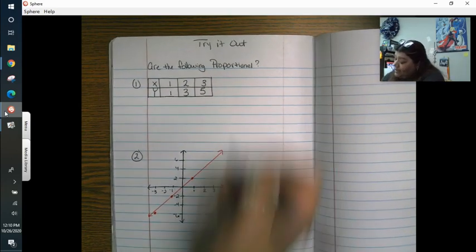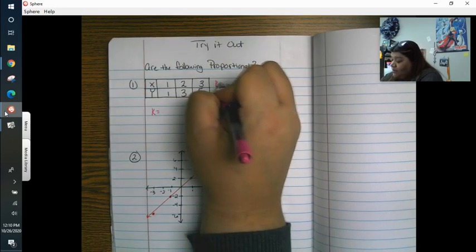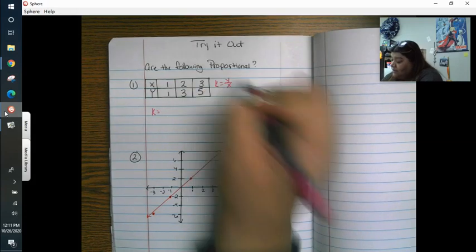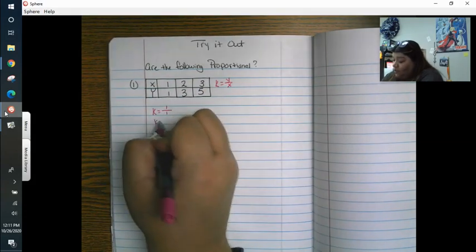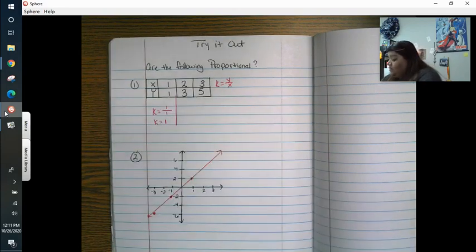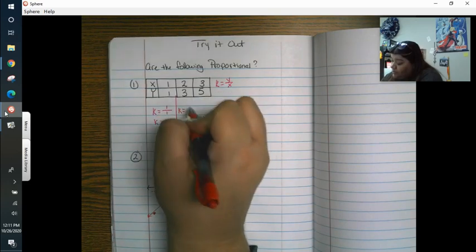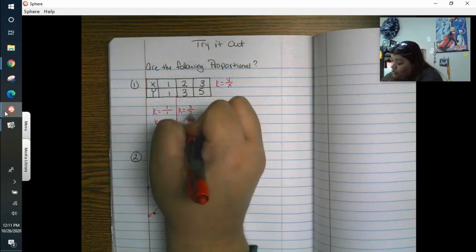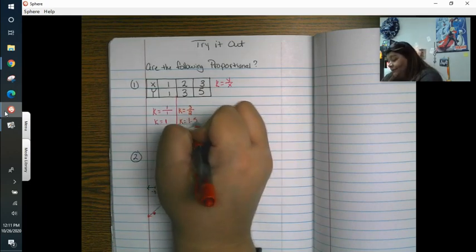All right, so let's take a look. I'll check all three of them just to show you how it's done. So you remember we're doing k equals y over x, okay? So here my y is 1, x is 1. 1 divided by 1, 1. Okay, so that's that one. Let's try the next one. K equals y is 3, x is 2. 3 divided by 2 is 1.5.